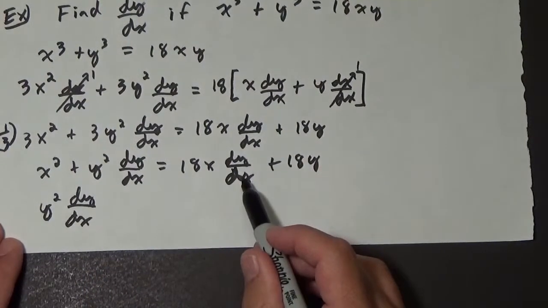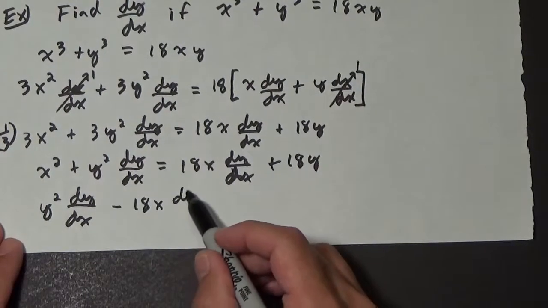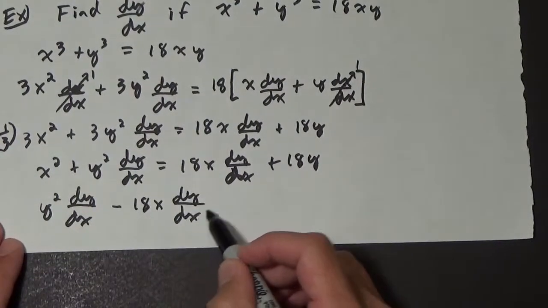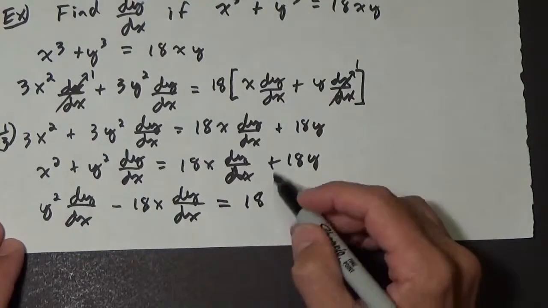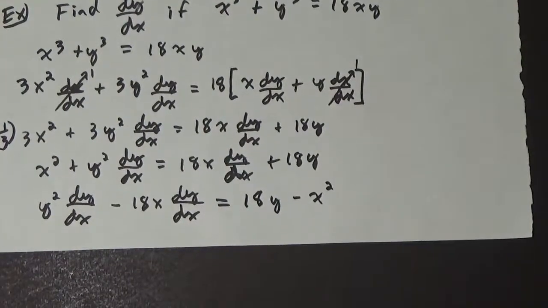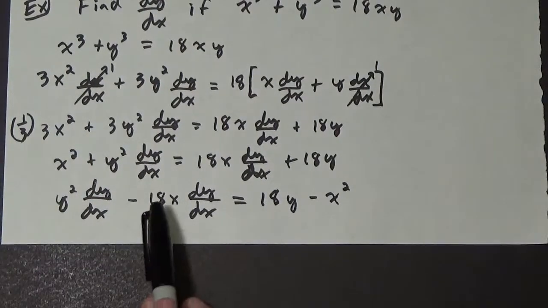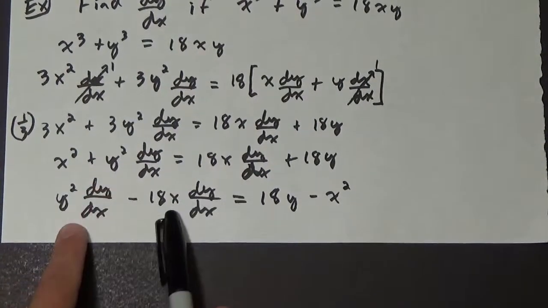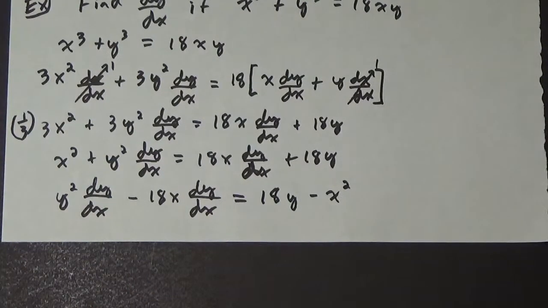And here's a dy/dx term, so minus 18x dy/dx equals, and then we have 18y minus x squared. So for this part here, basically we took these two terms and put them on one side and these two terms and put them on the other. That's all that is.